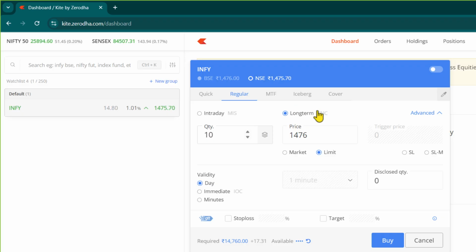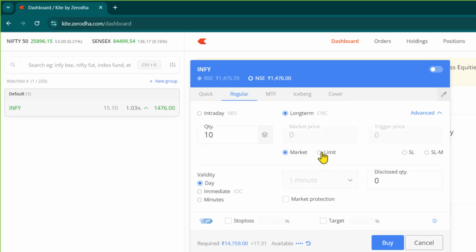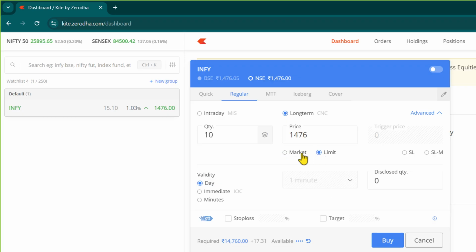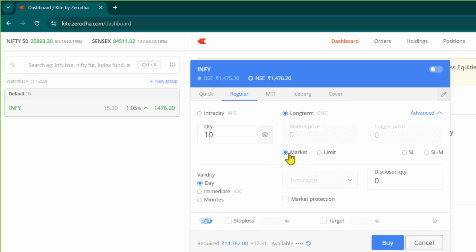Next, I have two types of order. One is market price and another one is limit. If I select market order, then it is same as saying buy 10 shares of Infosys by paying as much money as the seller is asking for.